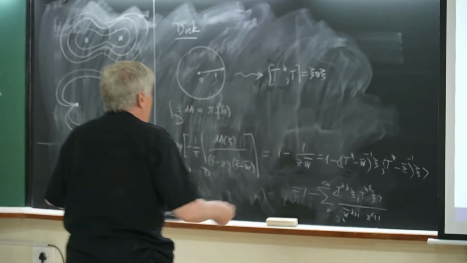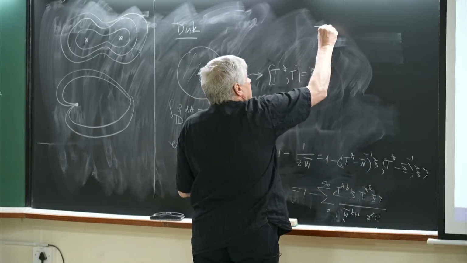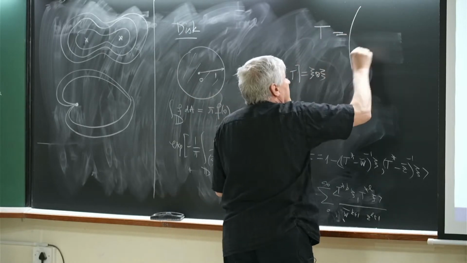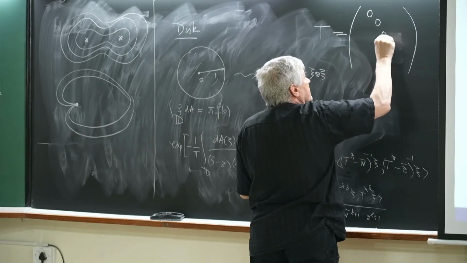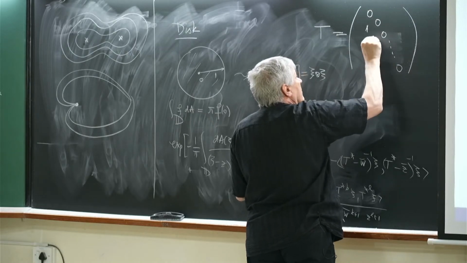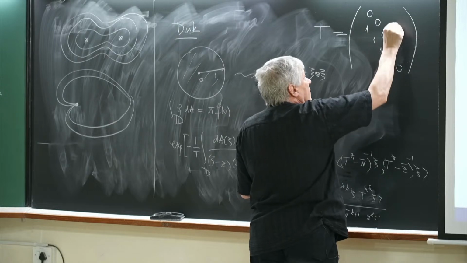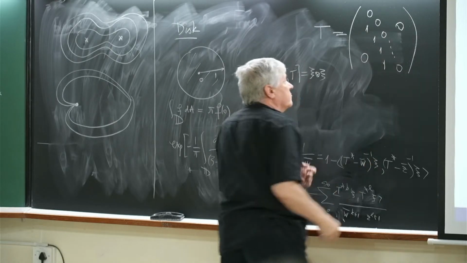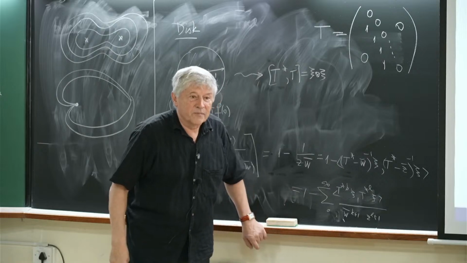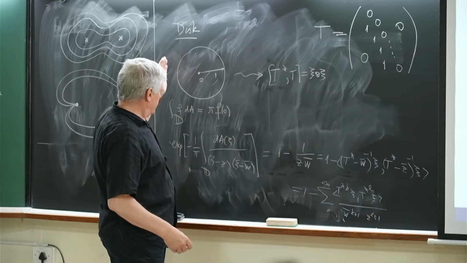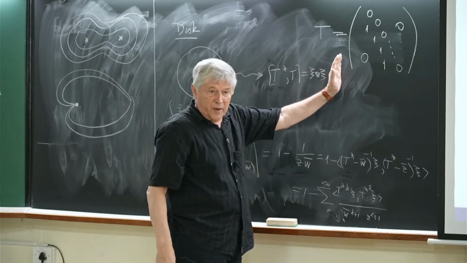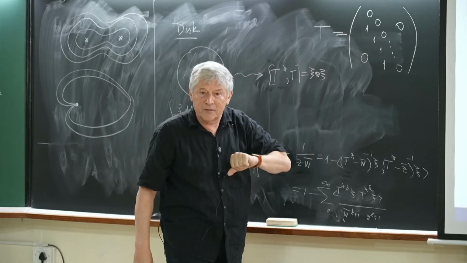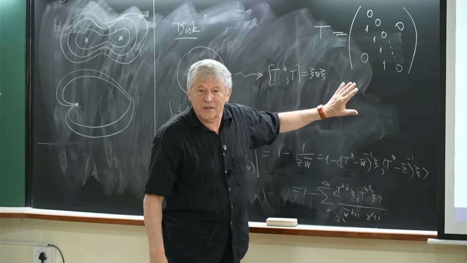So it turns out that t is nothing else than the unilateral shift. Very simple computation. So in this sense, the disk is very special because the hyponormal operator associated to it is the unilateral shift. Nothing simpler than that.